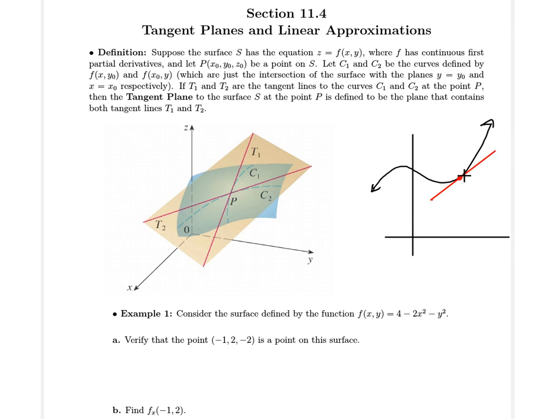And the idea was that near that point, the tangent line does a really good job of approximating that function, but then the further away you get from that point, the less of a good approximation that line became.